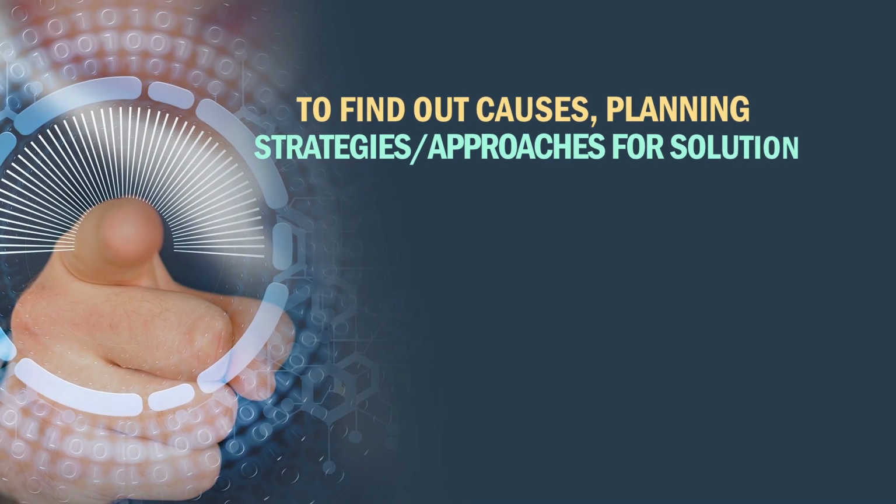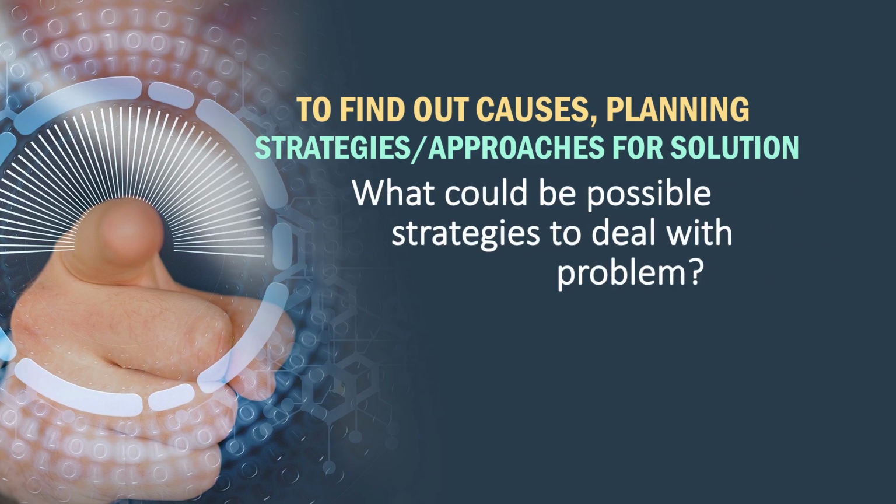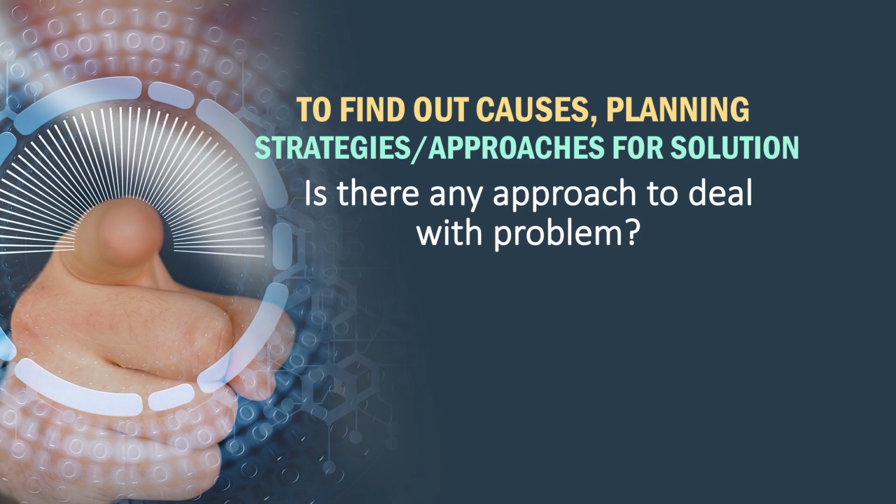If we are facing a problem which is very new, there is no solution, or the available solutions are not able to solve it, we think about certain innovative ways. Then we try to find out the reasons why this problem has arisen. What could be the possible strategies to deal with the problem? Is there any one approach with which we can deal with the problem?